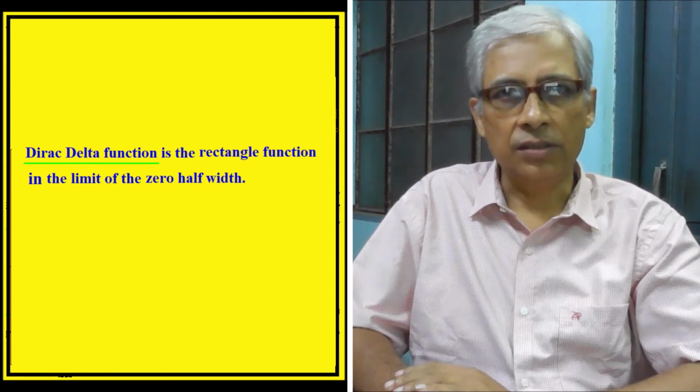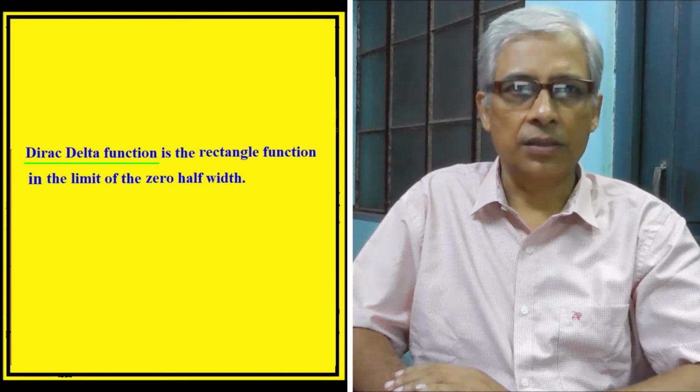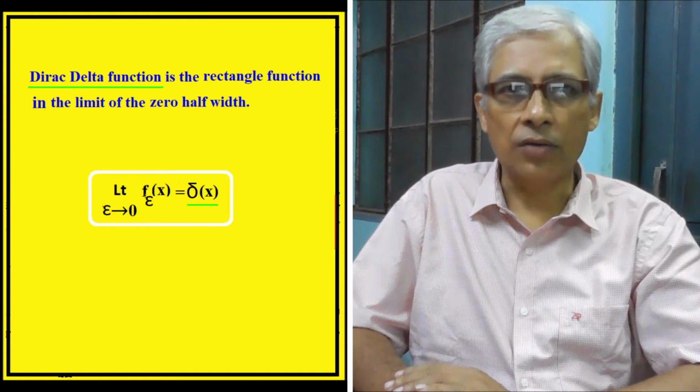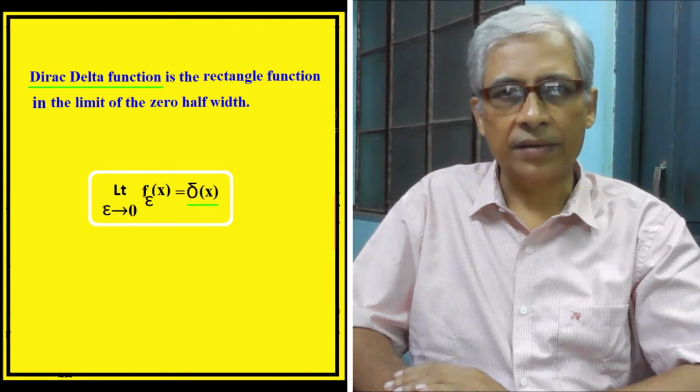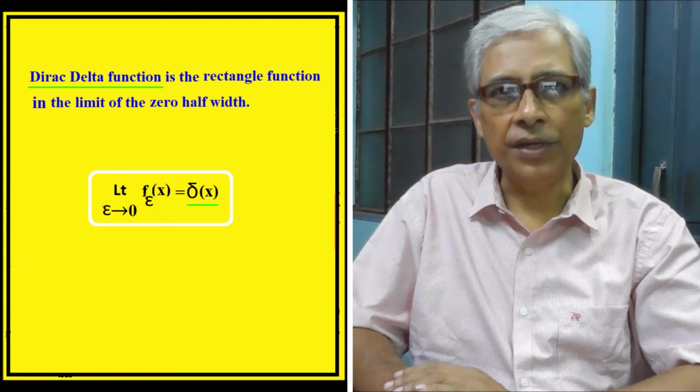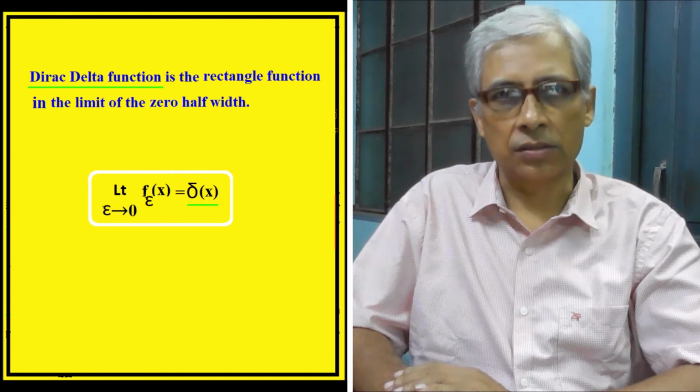Dirac Delta function is the rectangle function in the limit of 0 half-width. You can see the limiting relation written in the white box, where epsilon is the half-width of the rectangle function.